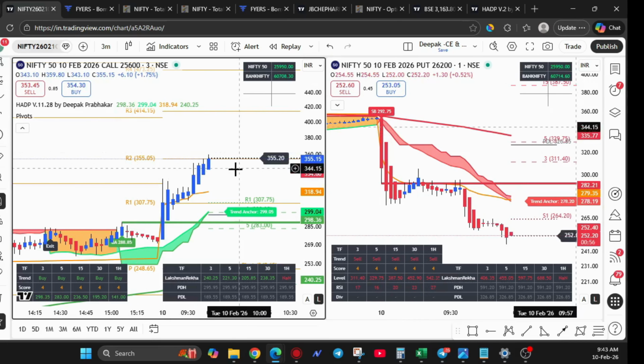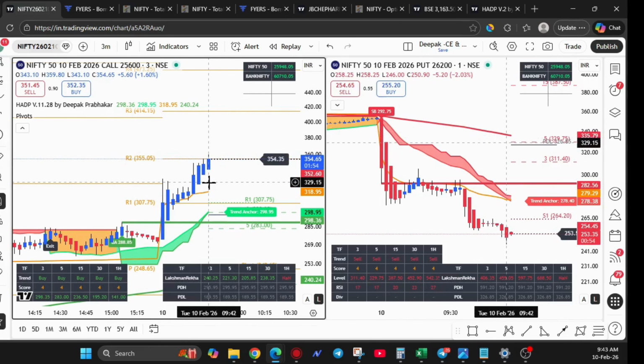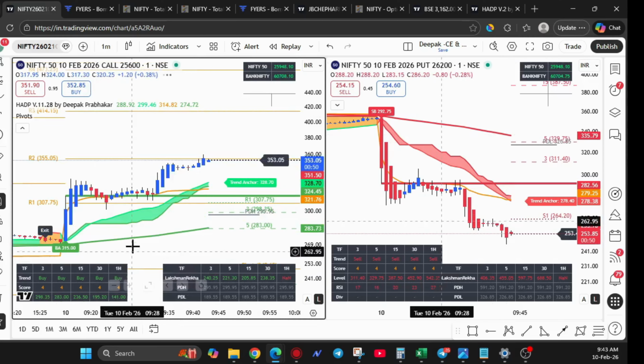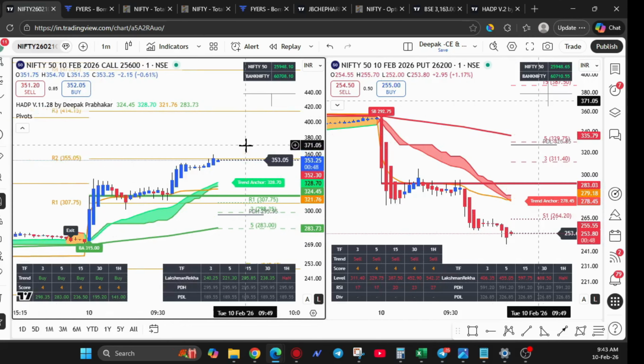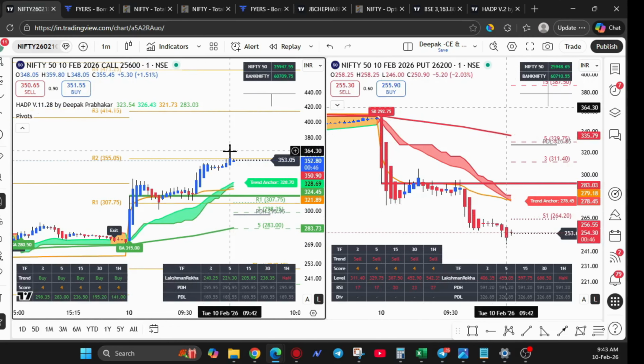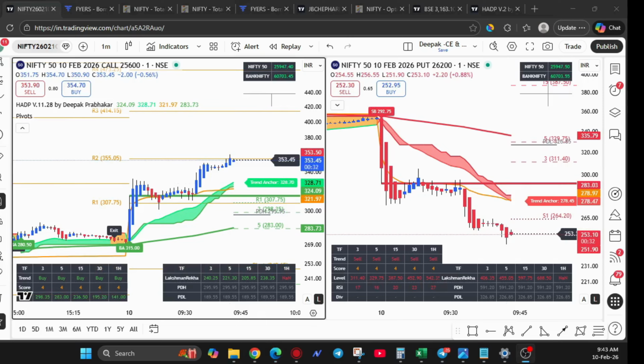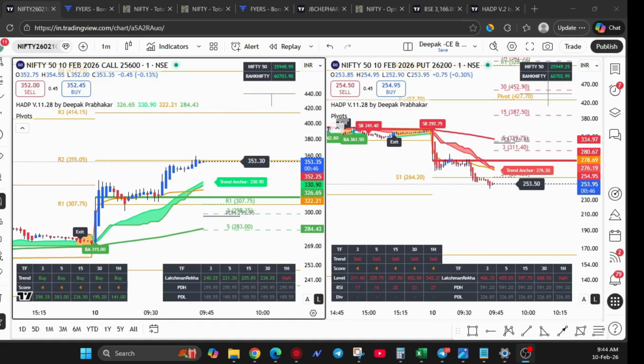So we have hit almost 360. Okay, 360, and we got entry at 315. 45 points done on 1 minute candle. And you see that we are near that R2, right? So one lot holders, you don't need to worry. Even if your stop loss, as I told you, it's a reversal system, right?